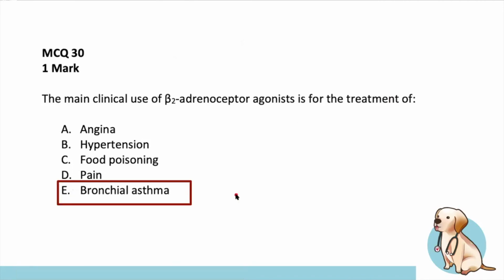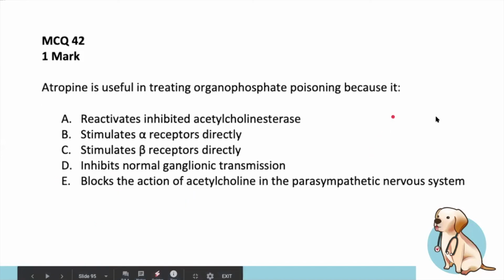Yeah, really good job. So bronchial asthma. This one's a bit difficult because we didn't technically cover these, but think beta agonist, bronchial asthma is good.